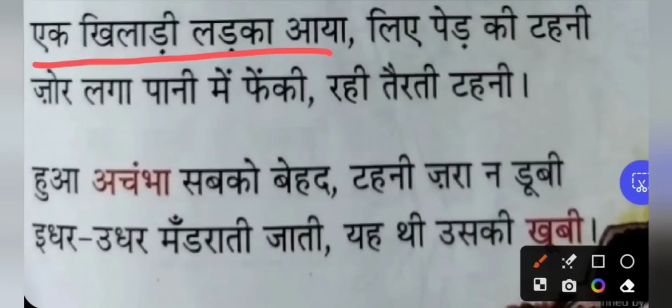Rahi tairti tehni: the branch of the tree kept on floating. Rahi means it kept on floating. Tairti means floating in the water. Which kept floating? Tehni, the branch of the tree. So who threw that? One khiladi balak, the playful sportsman boy.